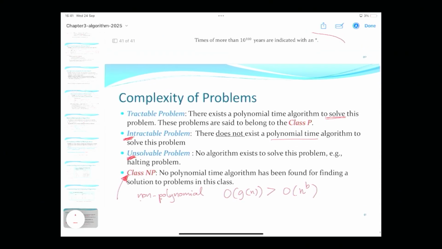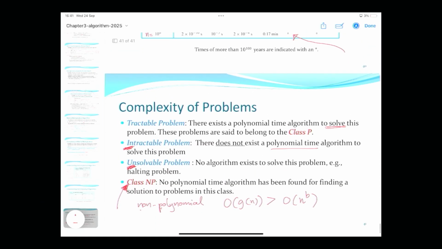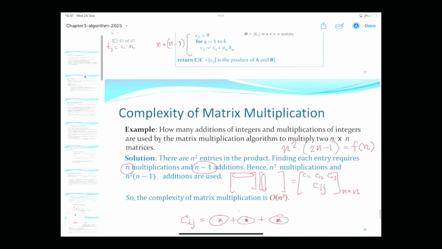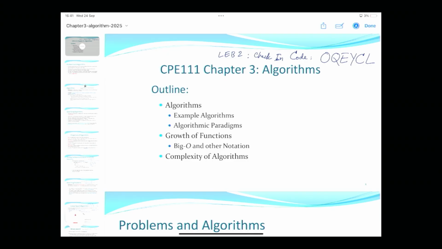And that's it. That's all for what we have today. So today we talked about algorithms, what they are, some examples of them, growth of function f(n), which is big O notation, O(g(n)).